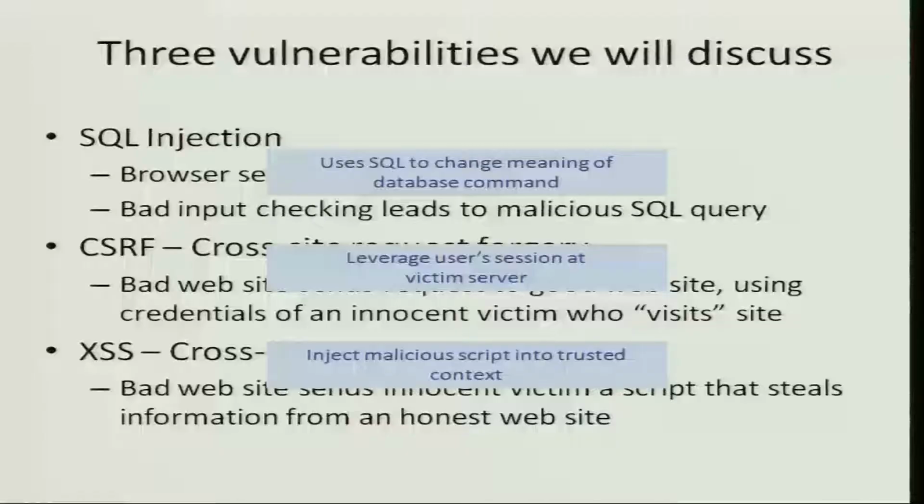To reiterate, SQL injection changes the meaning of a database command by manipulating the command itself. CSRF leverages an existing session by a legitimate user to a legitimate website and makes it work on the attacker's behalf, so the victim is unaware that it is communicating with the web server in a legitimate session to do the bidding of the attacker.